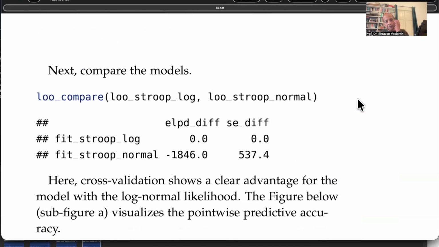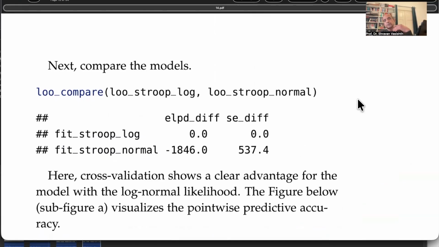Yeah, so one important thing you can do once you've produced the output of loo is extract the expected log pointwise densities and plot them next to each other, or more precisely, take the difference in the log pointwise densities in the two models, right?